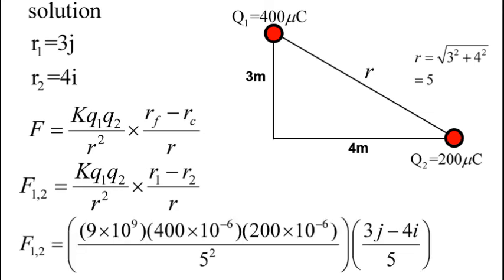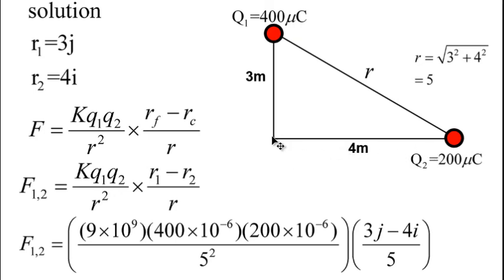We'll have that force on Q1 due to Q2 equals K, which is 9 times 10 raised to the power of 9, multiplied by Q1, which is 400 microcoulombs, Q2, which is 200 microcoulombs, over R squared, which is 5 squared, then R1, which is 3j, minus R2, which is 4i.